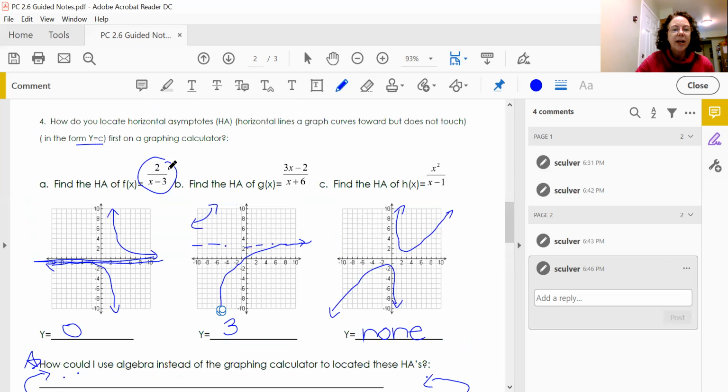Take a look at this fraction here. Now, when you're talking about horizontal asymptotes, that's graphs that flatten out on the left end or the right end, right? That's where the x's are getting very small or very large. If you put a very large x into this denominator, like 1,000, 2 divided by 2,000 minus 3, this fraction is going to be really close to 0.